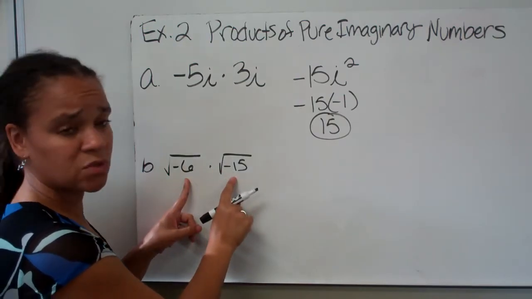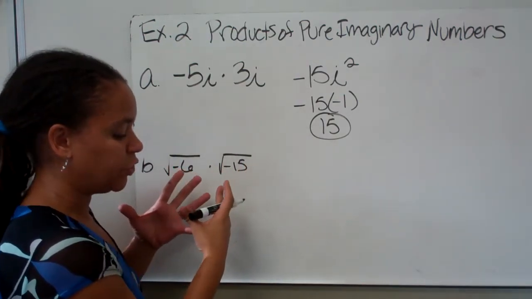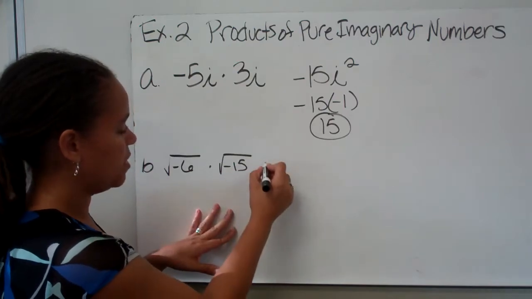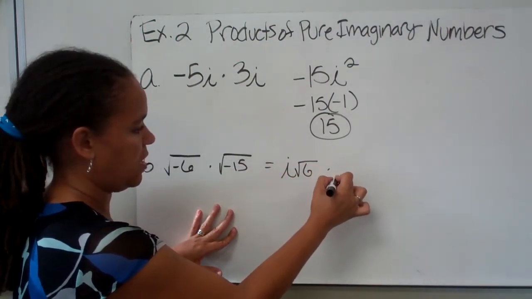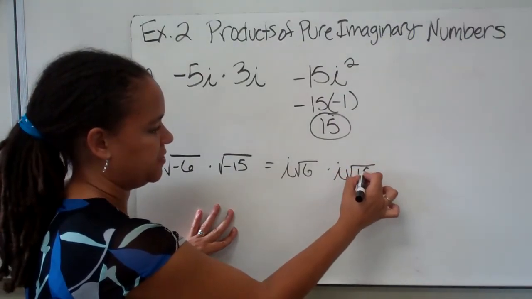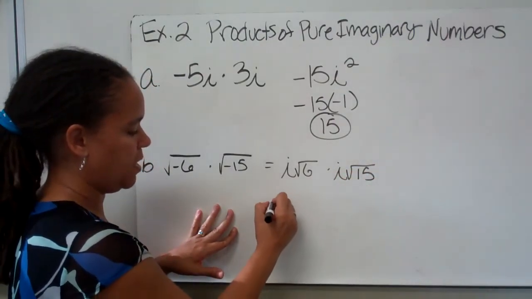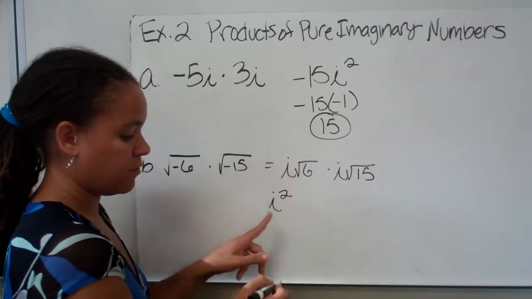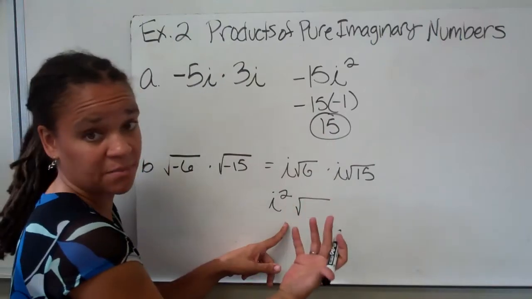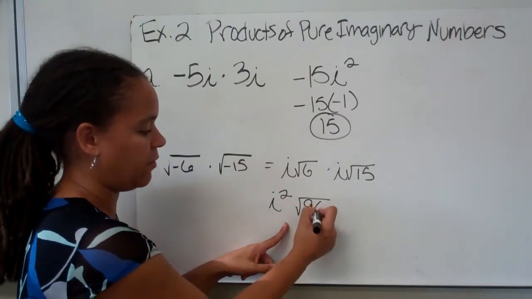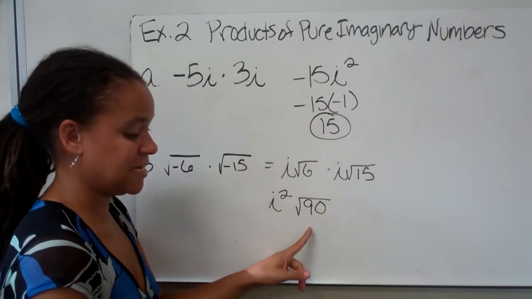All right, let's look here. Square root of negative 6 times square root of negative 15. I want to multiply these and simplify them. This really means i radical 6 times i radical 15, which would be i squared. I can't break those radicals down by themselves, so I'm going to multiply them together and see if that would help me. 6 times 15 is 90.